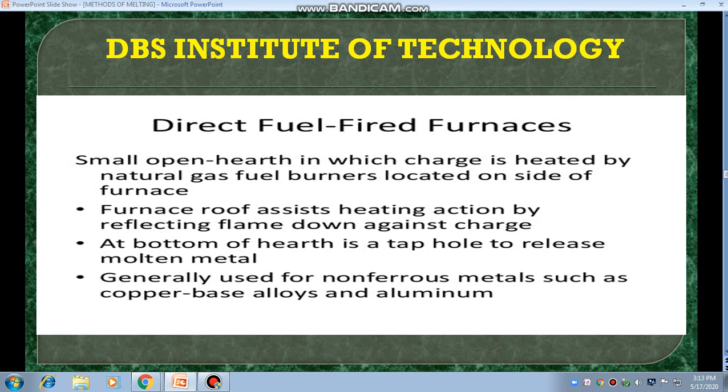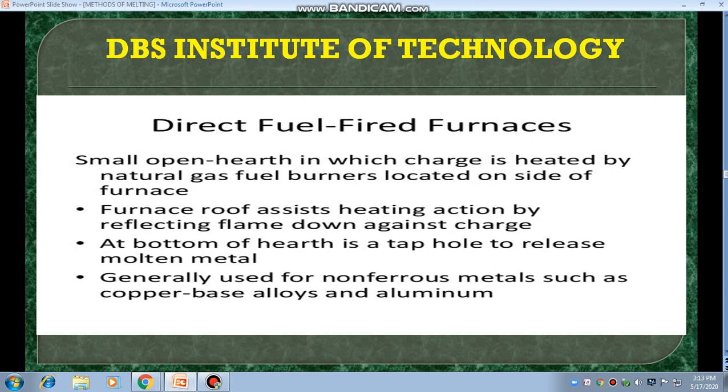Direct fuel fired furnaces. A small open hearth furnace in which the charge is heated by natural gas fuel burners. These burners are located on the side of the furnace. The roof of the furnace will assist the heating action by reflecting the flame down against the charge.